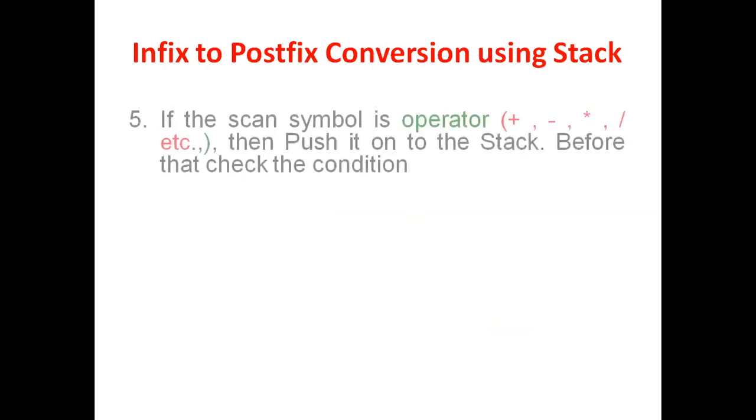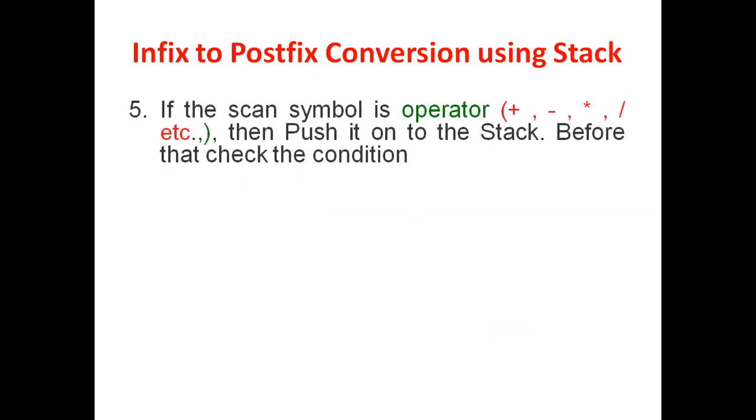Next, the scan symbol is an operator. Here three cases are there. If the scan symbol is a variable, then simply print it on output. If it is a left parenthesis, then push it into the stack. If it is a right parenthesis, then pop from the stack and print on output. If the scan symbol is an operator, then before pushing it into the stack, check the condition.